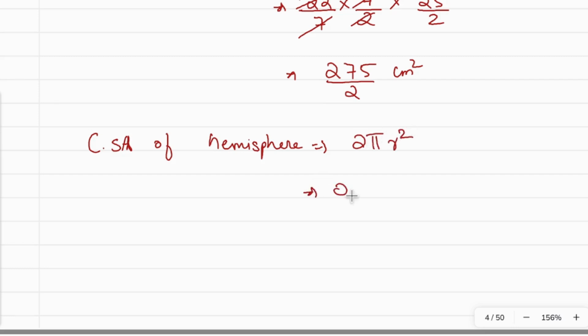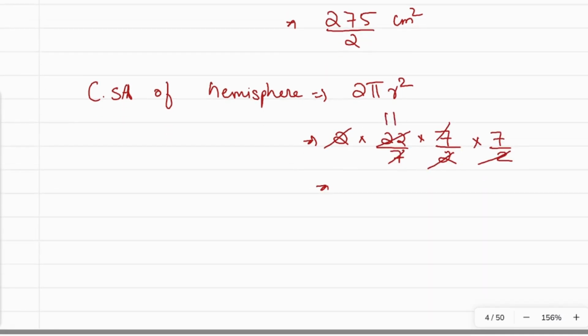So 2 into pi is 22 by 7 into r squared. r is 3.5, therefore we will write it like 7 by 2 into 7 by 2, right? This 7 and this 7 will get cancelled, this 2 and this 2 will get cancelled, and I will get 11, right? So how much will I get here? 7 into 11 is 77 centimeters square.